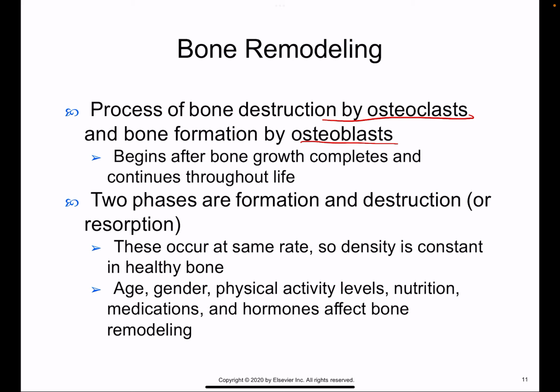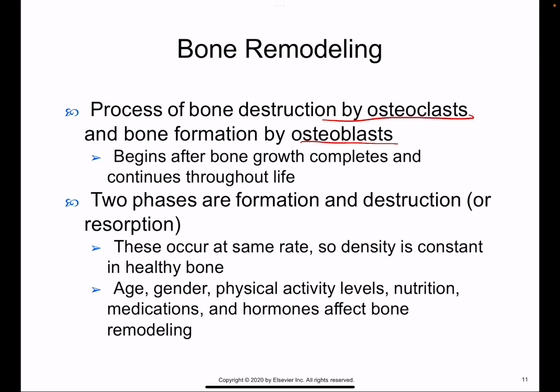Now, there are two phases of formation and destruction, otherwise known as reabsorption, because nothing's really destroyed. These occur at the same rate so that the density is constant in a healthy bone, right? Especially as you're growing or as you're aging, your bone density starts to change, and your body, specifically your skeletal system, is trying to make sure that that change is consistent.